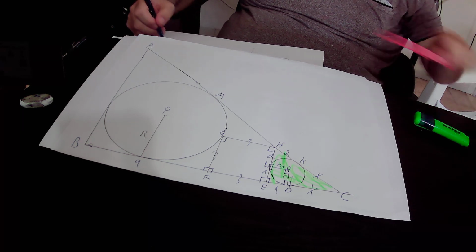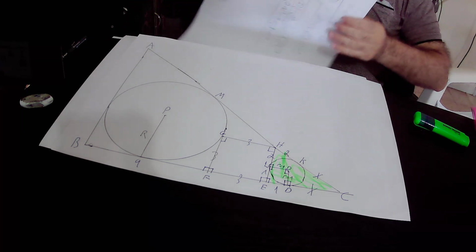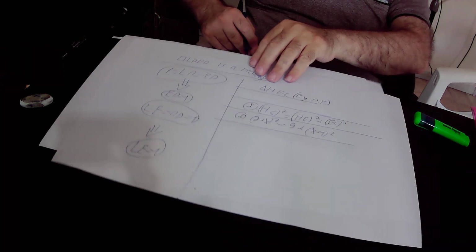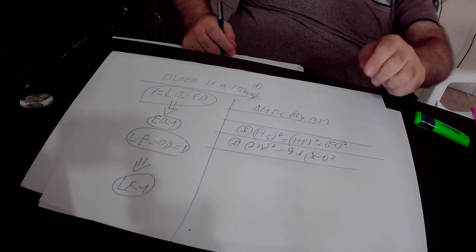So in conclusion, we found out that according to equation number 1, (2 plus X) square equals 9 plus (X plus 1) square.